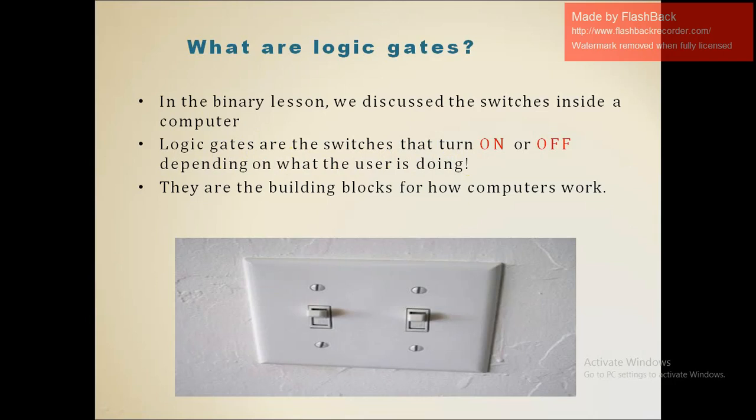They are the building blocks of how a computer works. It is either on or off. There are two conditions, as all of you learned in the binary system, binary numbers are either 0 or 1. Here we have taken one image of that switch.